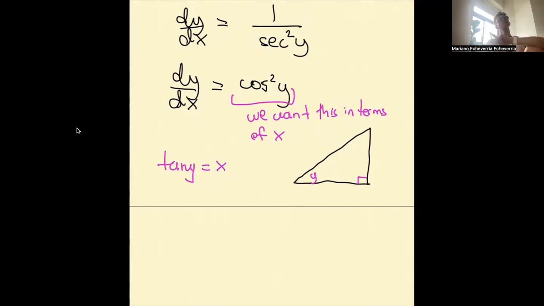The definition of tangent was the opposite side to the angle divided by the adjacent side. So if you think of this as x over 1, the tangent of y in this picture is x over 1, which is just x. Is that making sense?